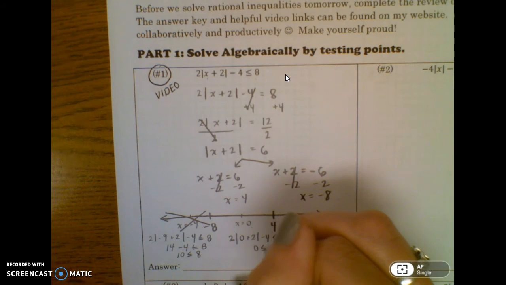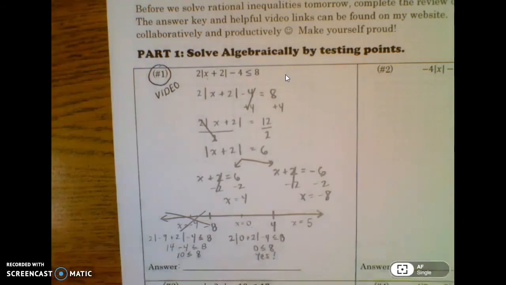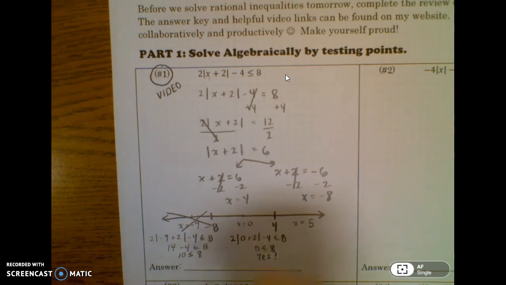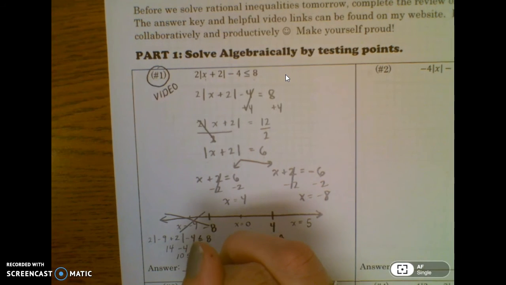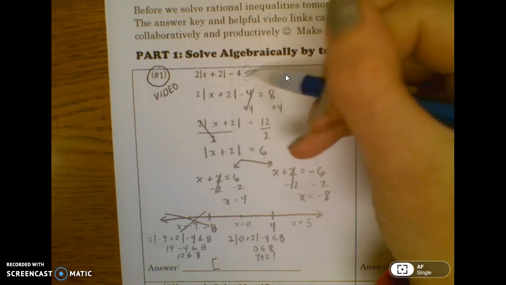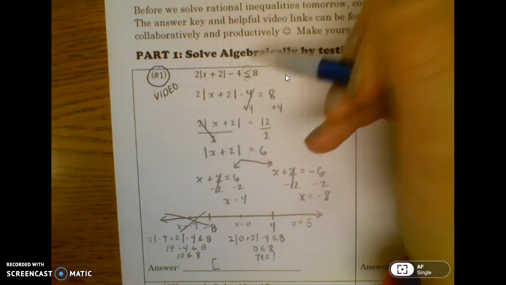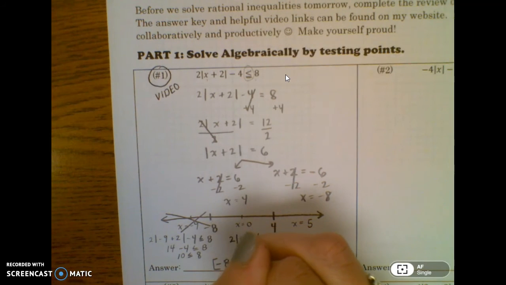Is 0 less than or equal to 8? Yes. So I know this middle interval from negative 8 to 4 is part of my solution to the inequality. And I'm going to use closed brackets because I have a less than or equal to. That or equal to sign makes the negative 8 and the 4 included in my solution.